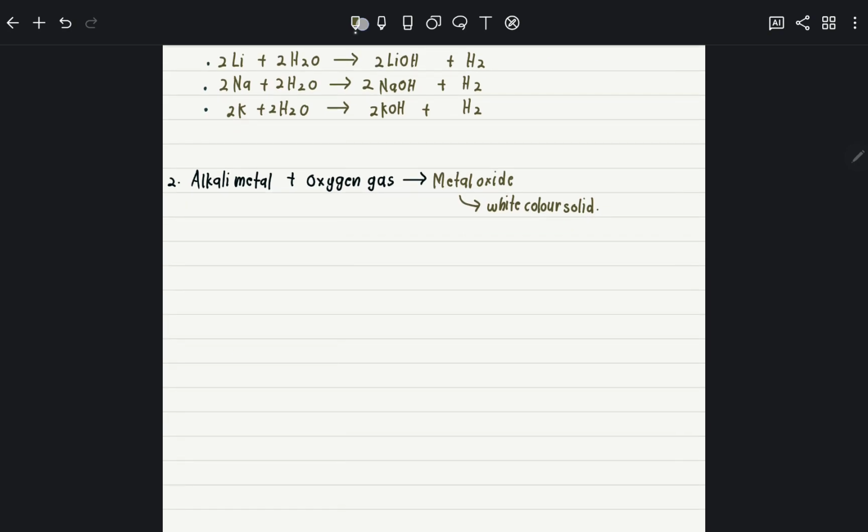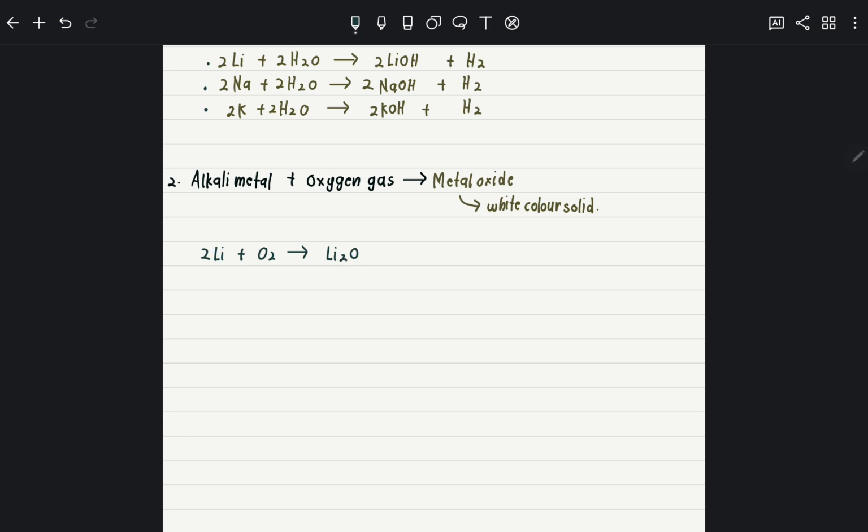Okay, let's say my first alkali metal, I took lithium. So lithium reacts with oxygen gas, it forms metal oxide. So your metal is Li plus lah kan, and oxide punya ion O2 minus. So you silangkan the charge, you will get the formula of the product, which is Li2O. Okay, done.